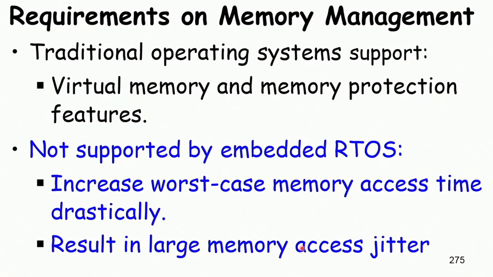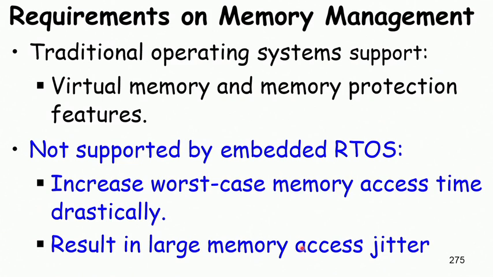In a virtual memory operating system, if the page is resident in memory or in the cache, then the access time is very fast. Very quickly the data is obtained by the processor.